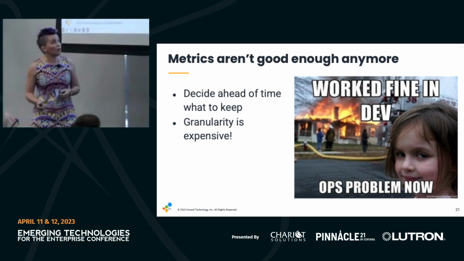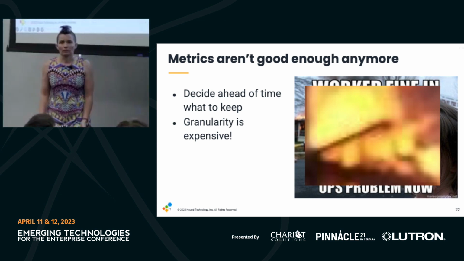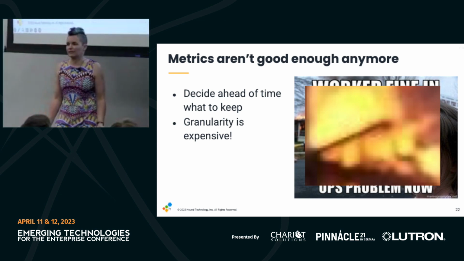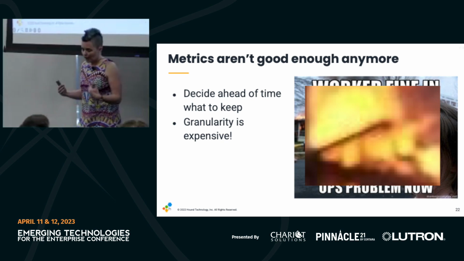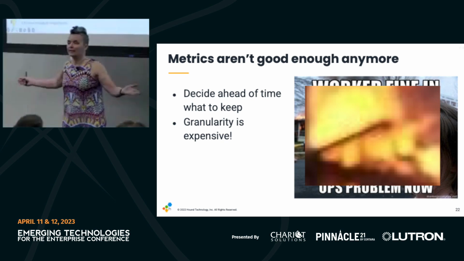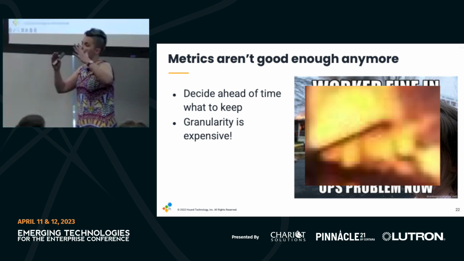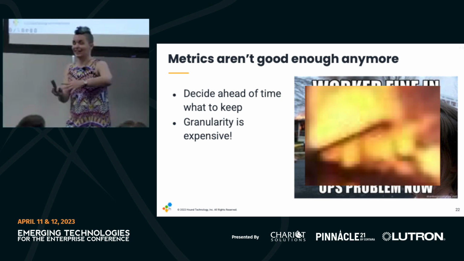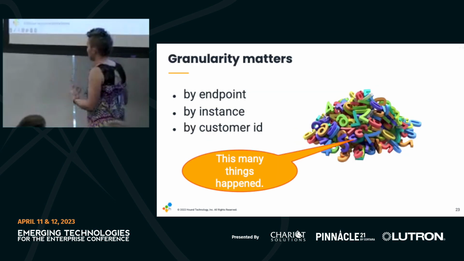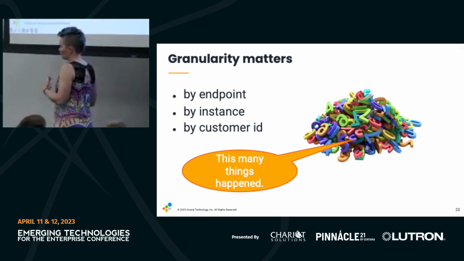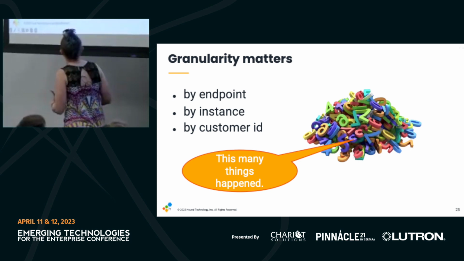And when you want to zoom in, it's just pixels. You get what you stored, and that's it. So you can't decide during the incident, hey, no, I need to know which instance is getting all the errors. No, you aggregated that. So they're not enough for really figuring out what our software is doing as developers.